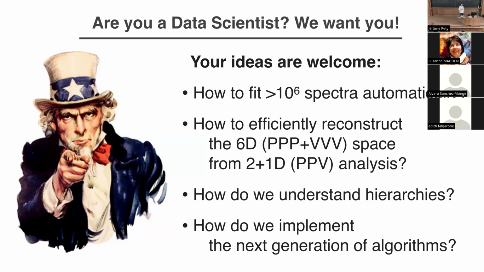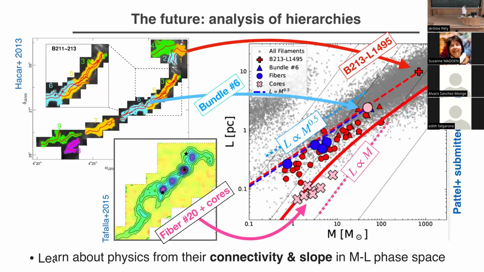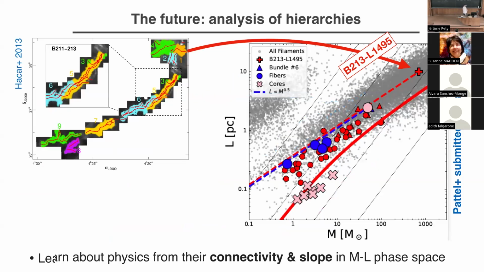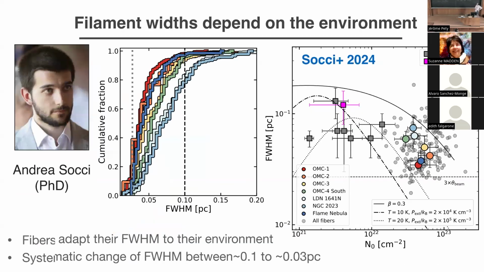Thank you, Alvaro, for a very nice talk. I have a question about your mass versus length plot for the filaments and fibers. You have a correlation with M going as the square root of the length.